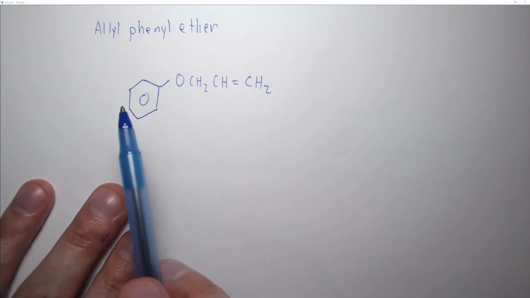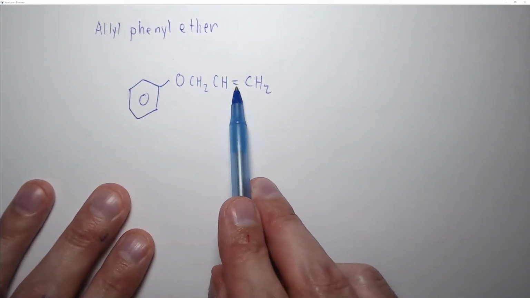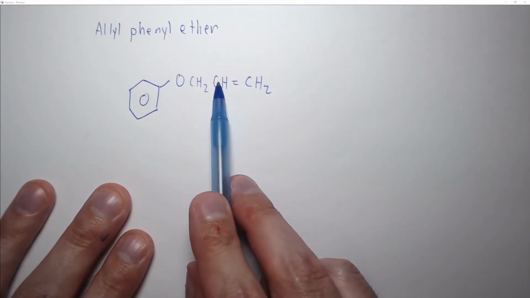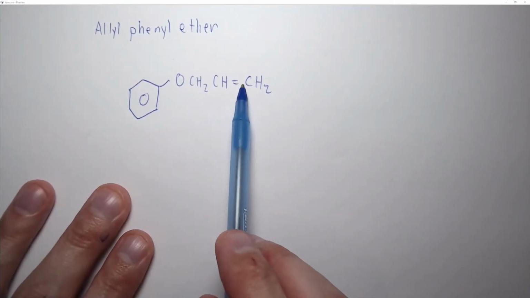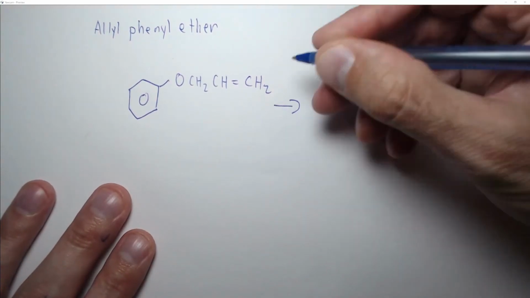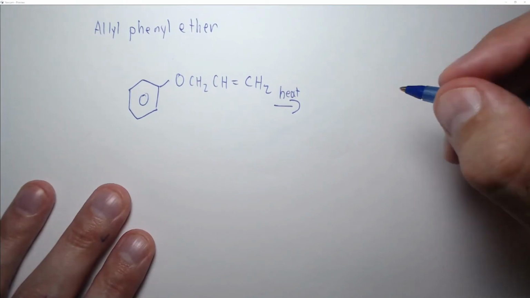It's phenyl because that's a phenyl ring. It's allyl because this double bond is one carbon away from this. So 1, 2, and the second carbon we have the double bond, so there's one carbon in between. That makes this an allyl phenyl ether. If we do this and we heat it up to 250 degrees C, we can get something interesting to happen.